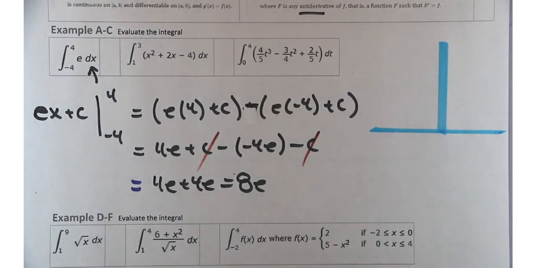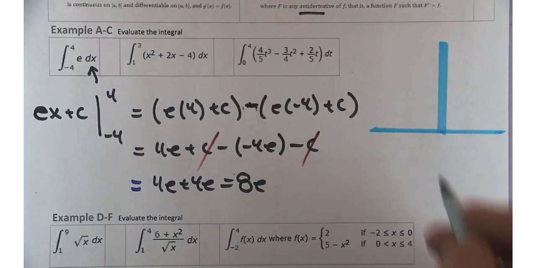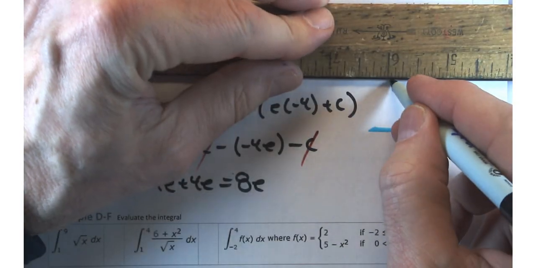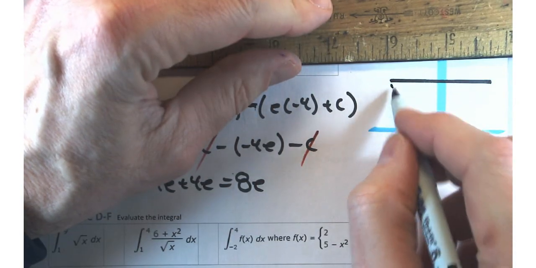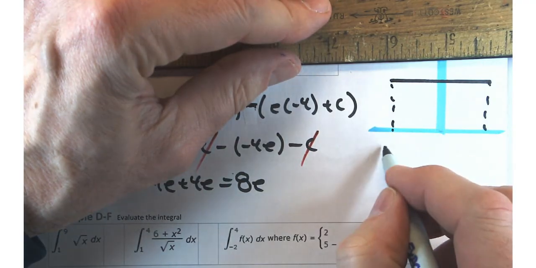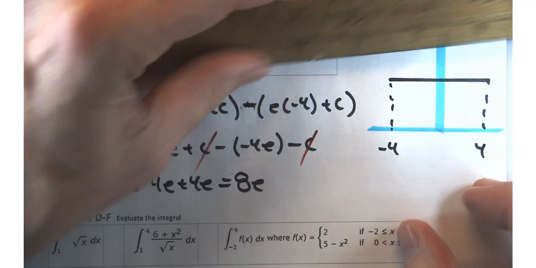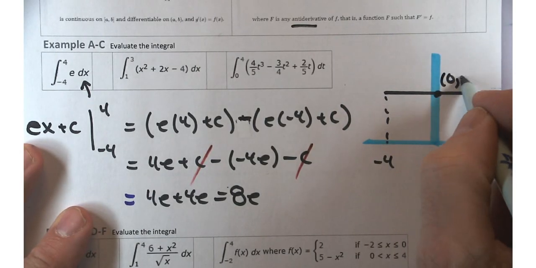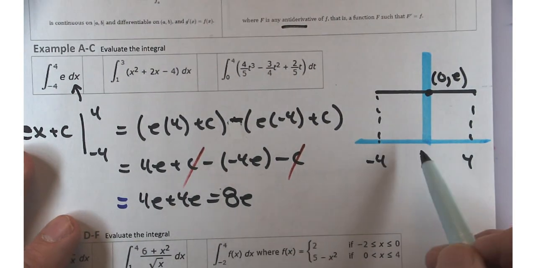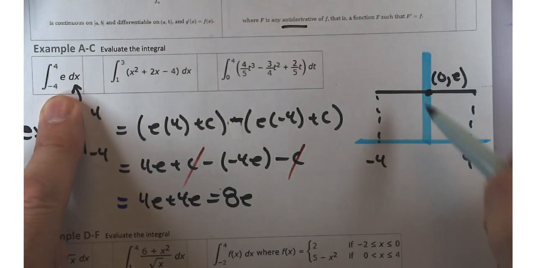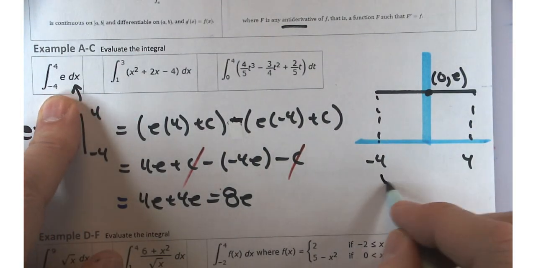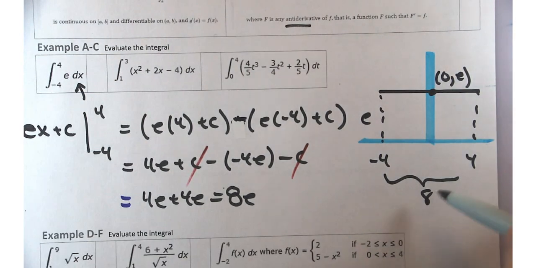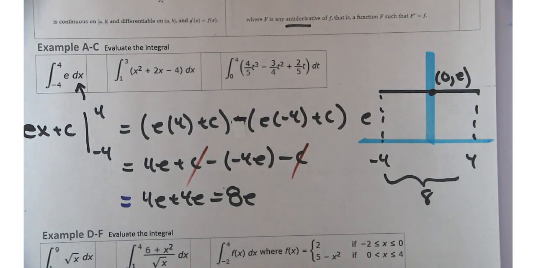E is just going to be a constant function, so it's going to look like this, from -4 to 4, and this is a height of e. So really what you're trying to find there is the area, and it makes sense, right? This length is 8 times the height, which is e, 8 times e. That's your value.